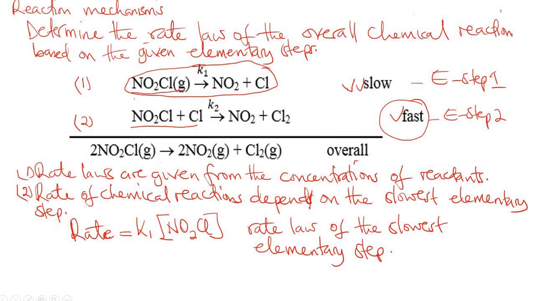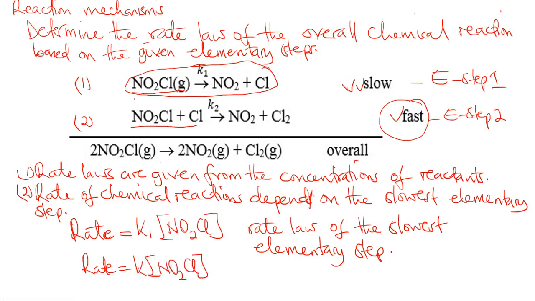So the question was, determine the rate law of the overall chemical reaction based on the given elementary steps. So eventually we'll just say rate is equal to K NO2Cl.